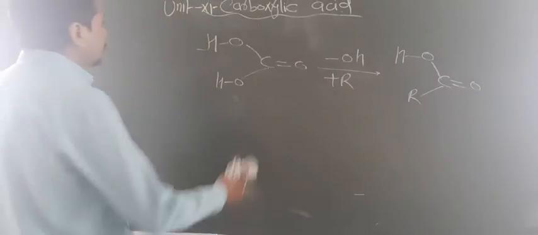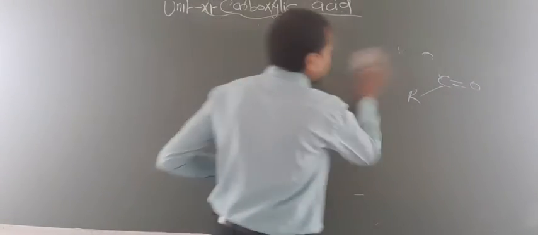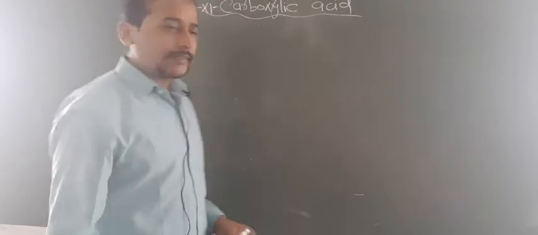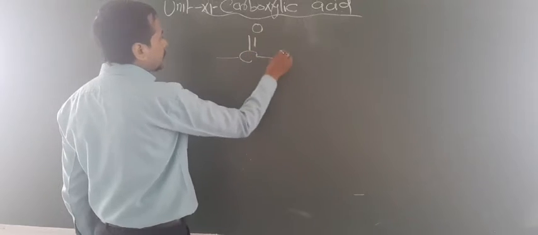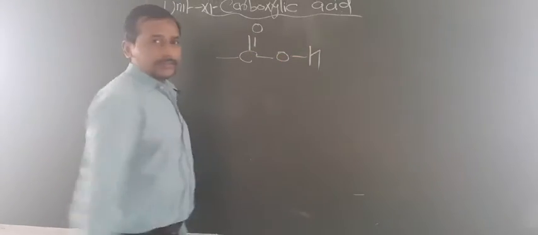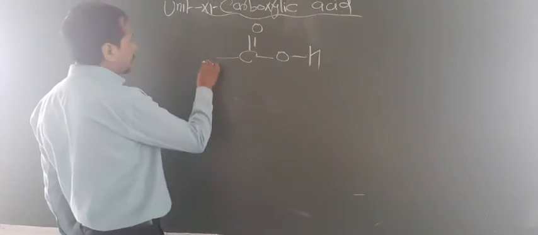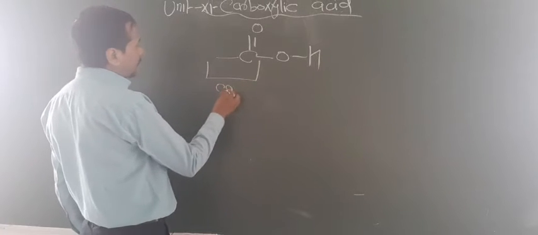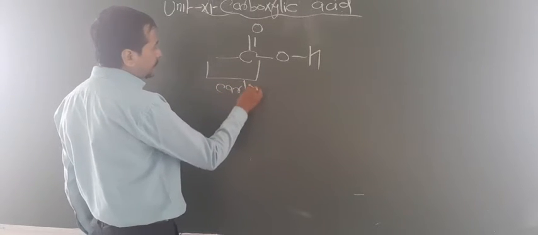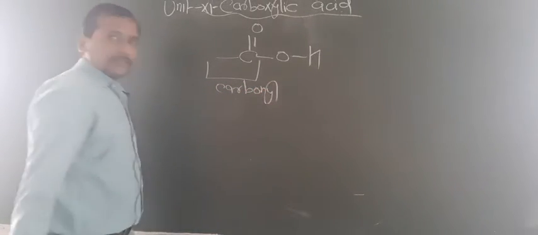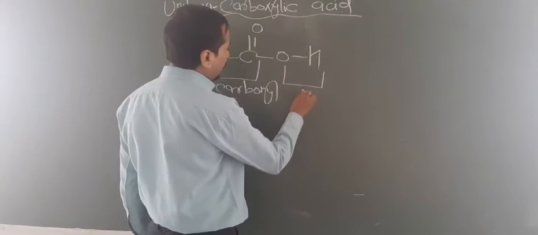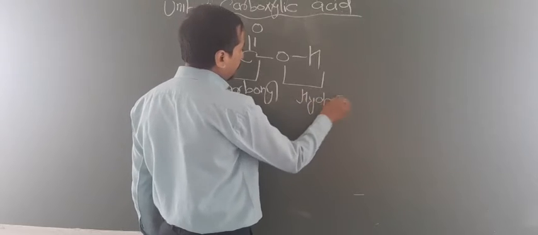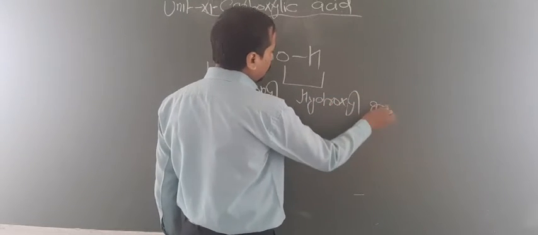Now how the name carboxyl is created, you have to know that. Look here, the structural formula of carboxylic acid is like this. This is known as the carbonyl group, just like in aldehydes and ketones, and this is known as the hydroxyl group.